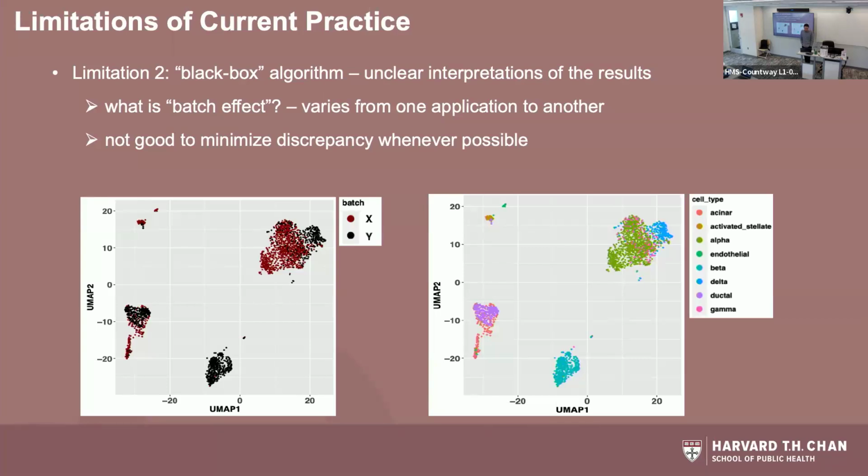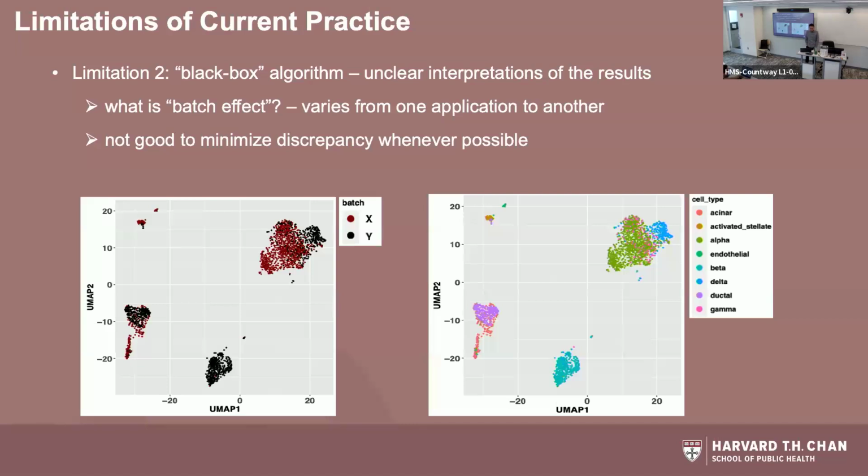Especially, most of these algorithms call themselves batch effect correction methods, but it is unclear from case to case what is meant by batch effect.